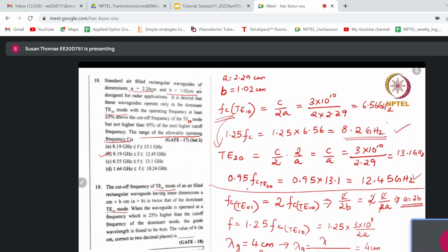So from lambda g, you can calculate lambda. Okay. Once you know lambda, you can come back to f. Once you calculate f, fc can be calculated. And a and b values can also be calculated from the values of f and fc.